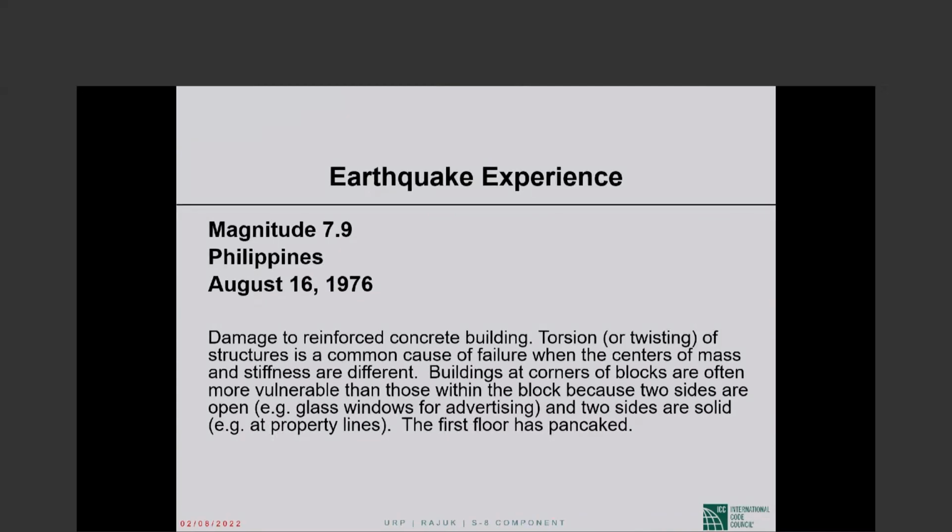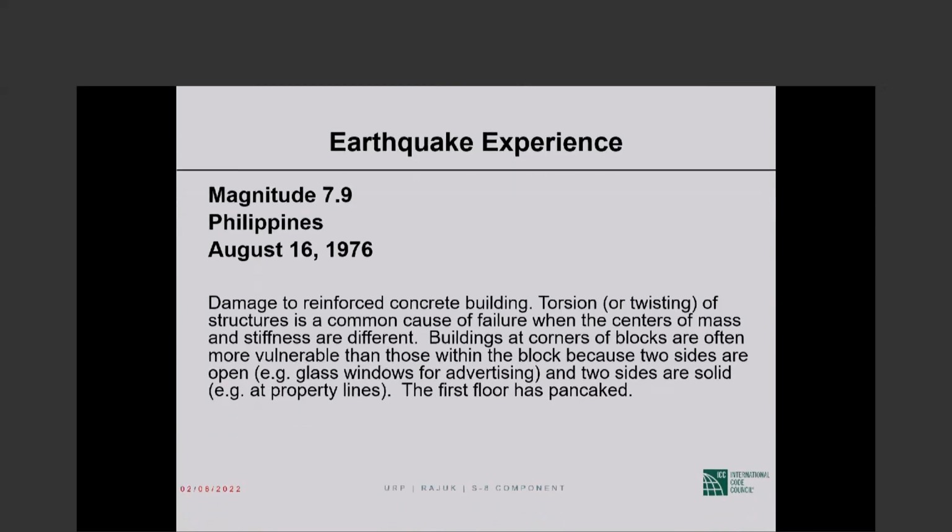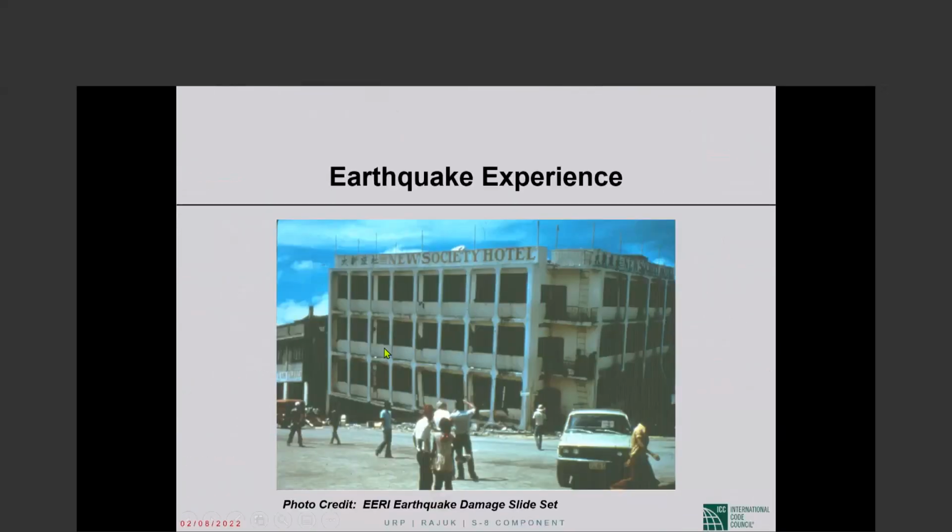Philippine earthquake, this is Manila, 1976. This kind of a building is very common again around the world. It is at the corner of two streets. The street faces of the building are open. There are no walls. You don't want walls. You want exposure to the outside. You want to see outside. You want outside people to see you, your stores and whatever. So the two back faces have walls.